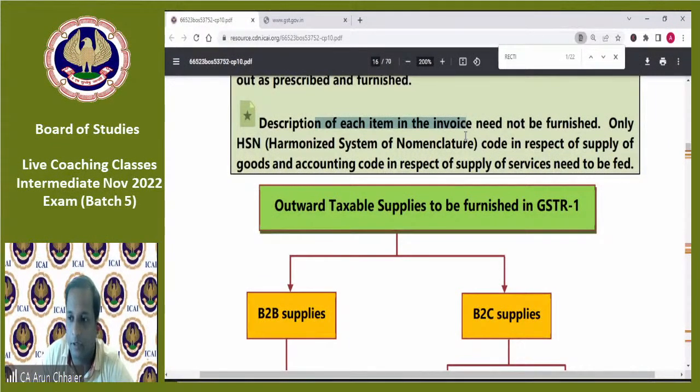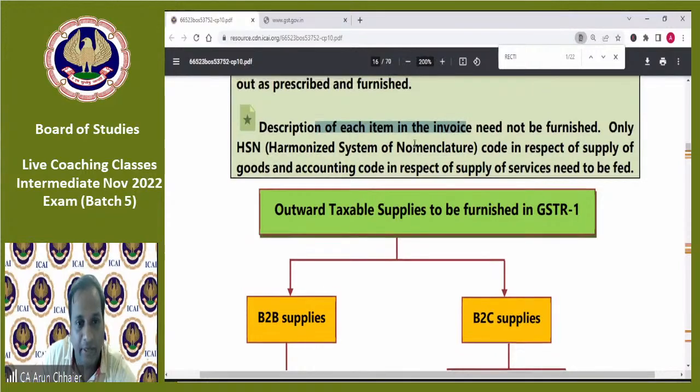For example, you are not required to furnish the address, the actual category of the goods, or the description of the goods. Invoice number, invoice date and place of supply you have to enter. So certain information will be entered, certain information not, based on the GSTR1 format.